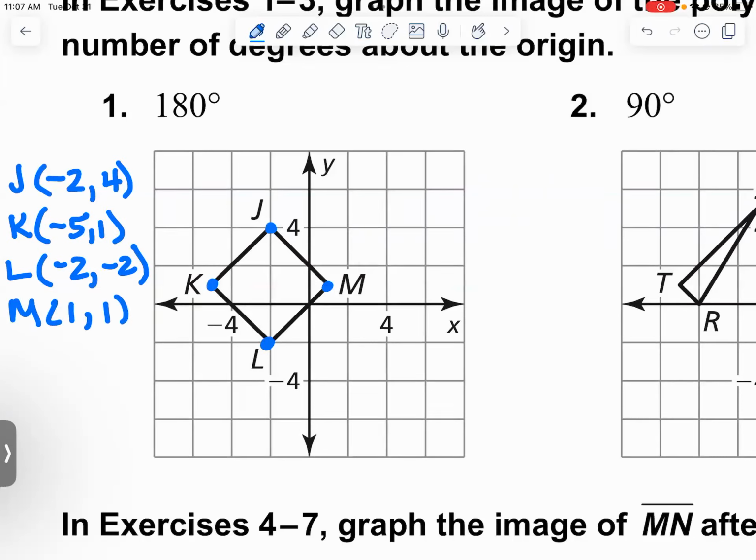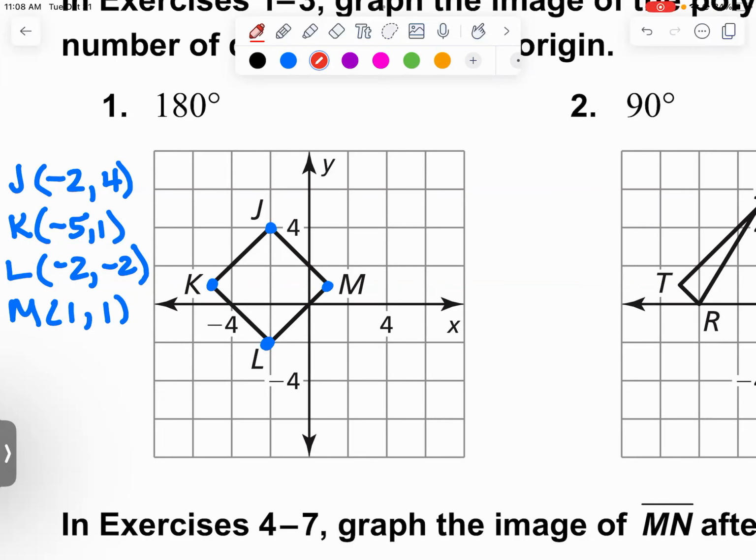Now, instead of remembering what do I do with my X's and Y's, this is what I think you should do. If we're rotating 180 degrees, you're gonna physically put your hands on your notebook. And I want you to turn your notebook 180 degrees.